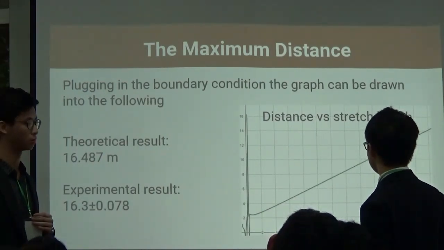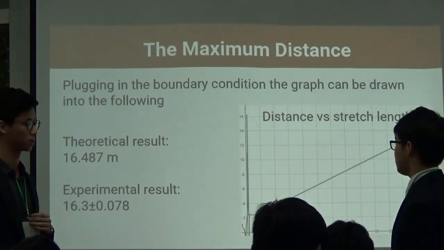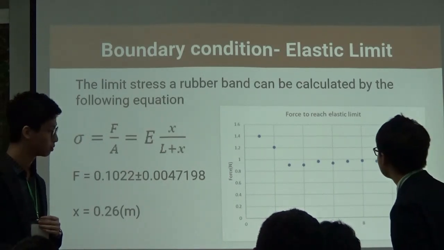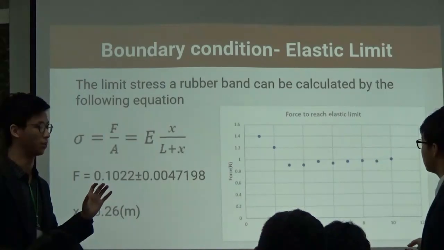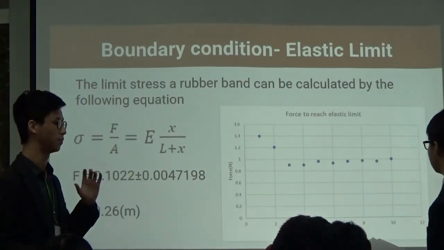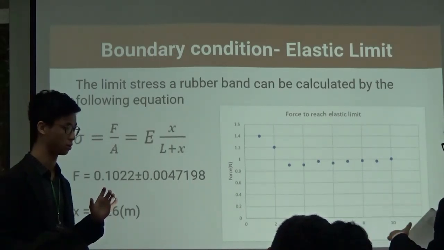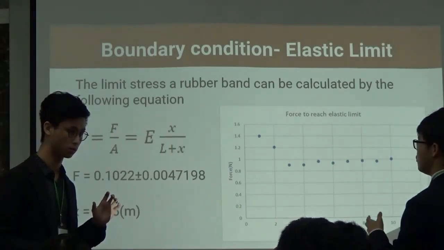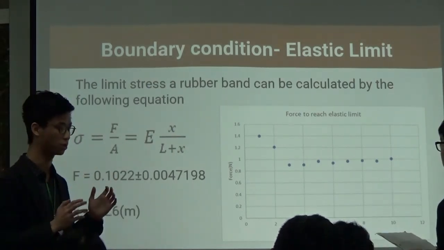So you have no count of the elasticity limits. Sorry? I mean, that graph is based on the boundary condition of the limits of elasticity. So when elasticity doesn't apply to the theory, you get more. I'm sorry, can you rephrase your question?